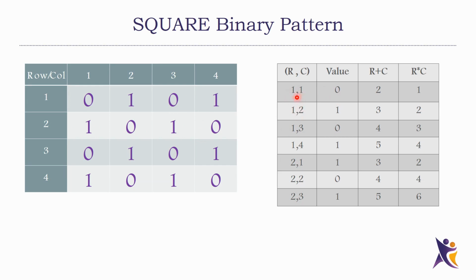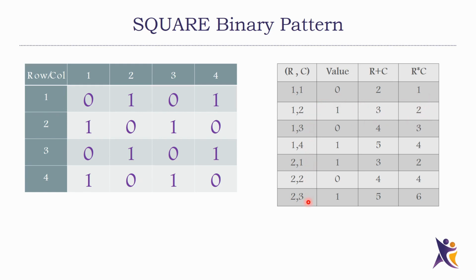For row number 1 comma 1, the value is 0, and if I add those two, 1 plus 1, it will be 2. If I multiply those indexes, it will be 1. For 1 comma 2, the value is 1, and if I add, it will be 3, and if I multiply, it will be 2. Similarly, I have done it for all of them.